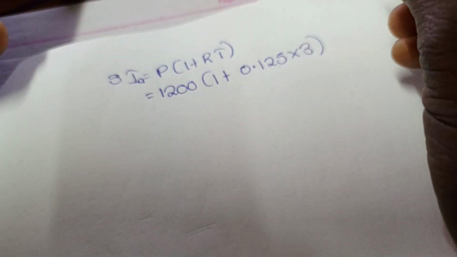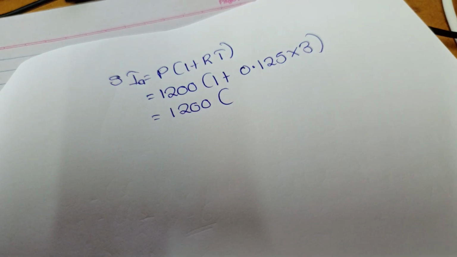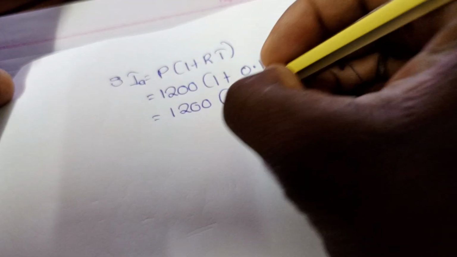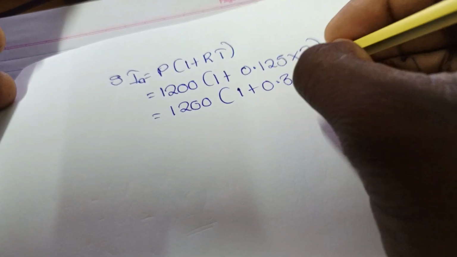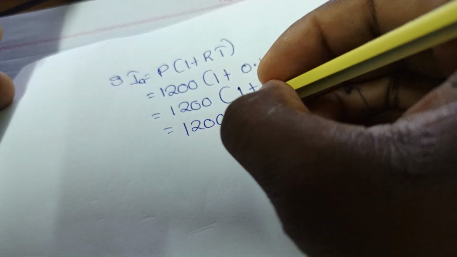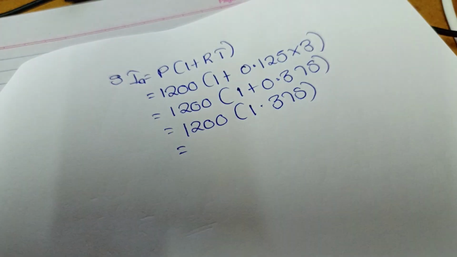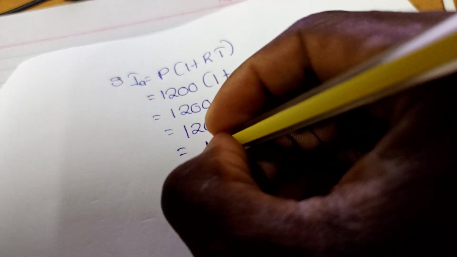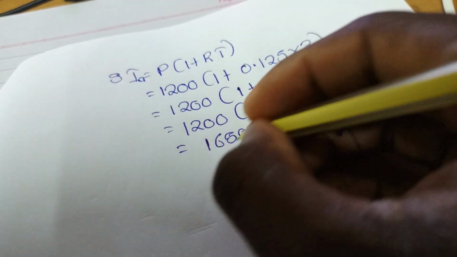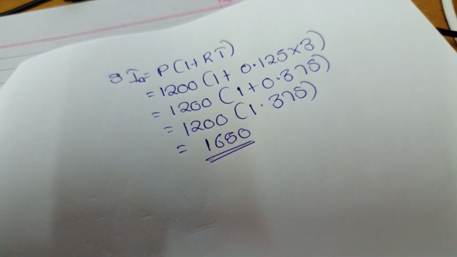We haven't been given the number of compounding periods, so we leave it like that. So 1,200 times (1 plus 0.125 times 3). 0.125 times 3 gives us 0.375. Then we add 1, where we have 1.375. Then we multiply 1.375 by 1,200, giving us 1,650. So this is the simple interest accrued.